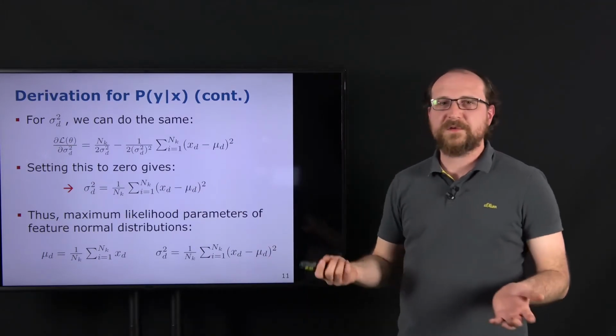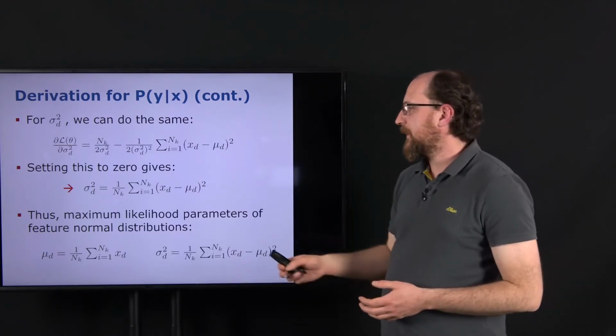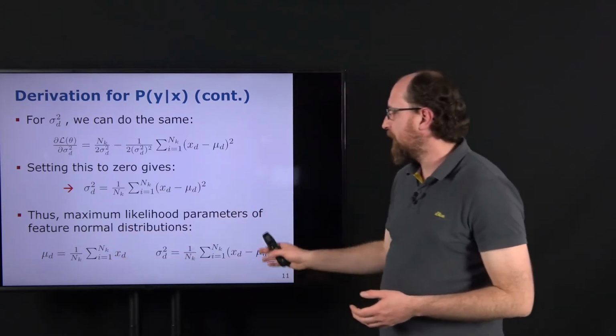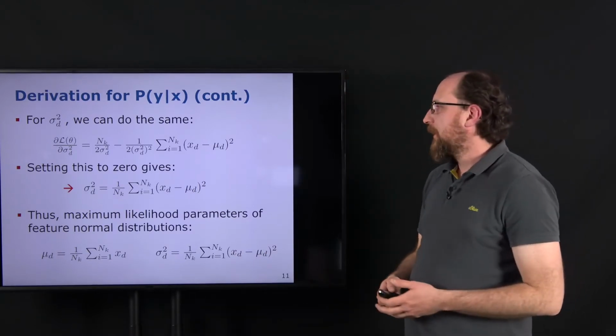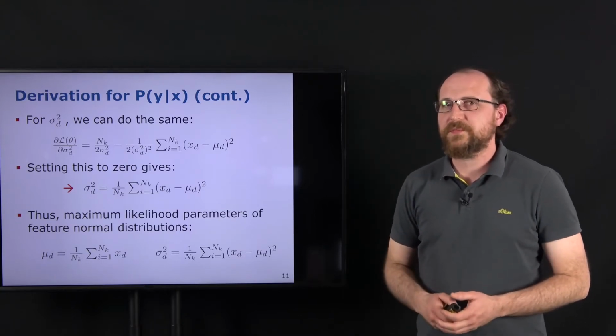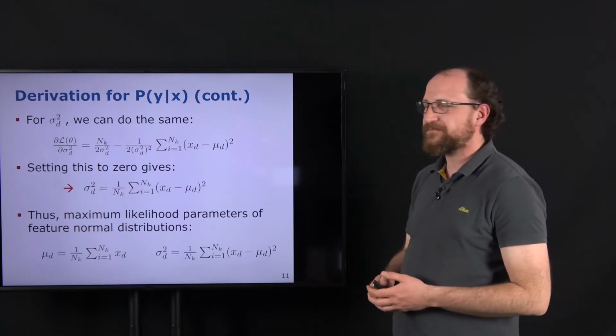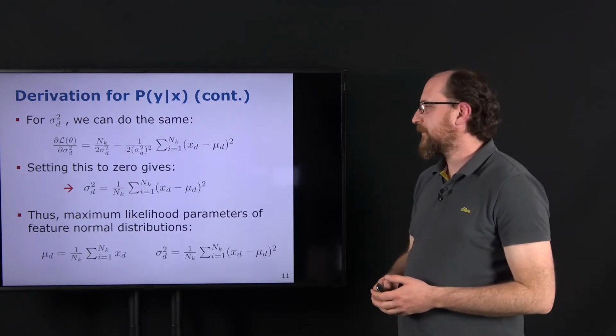So the maximum likelihood parameters are in the end the mean over all features and the variance over the features, which is basically the thing with the normal distribution. So nothing very surprising here, but this is now the derivation for this.